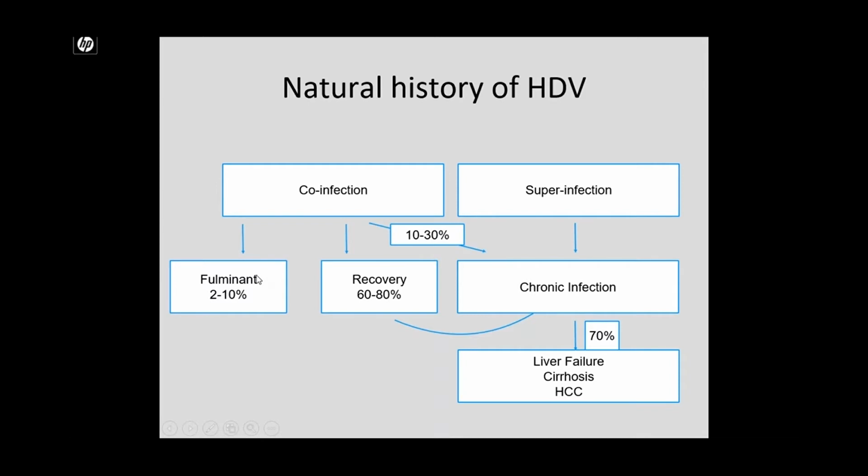A fulminant course could occur in up to 2 to 10%, and some 10 to 30% may have chronic infection. But the problem is in patients having super infection, 90% of them will have a chronic infection. So almost all of them are likely to have a chronic infection. This is what makes it more serious, the severity.